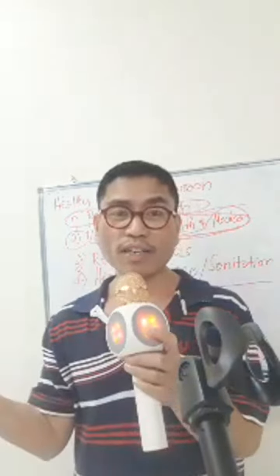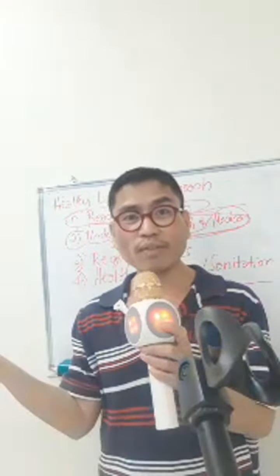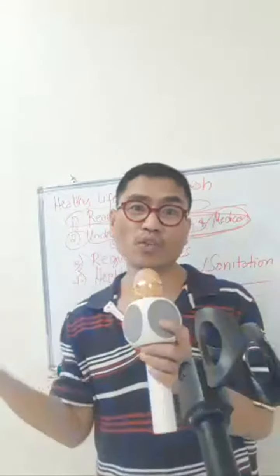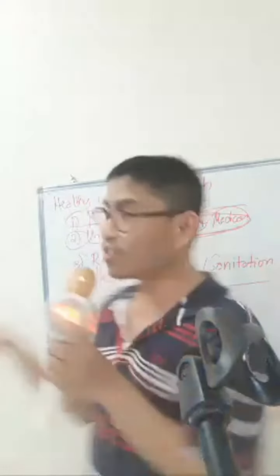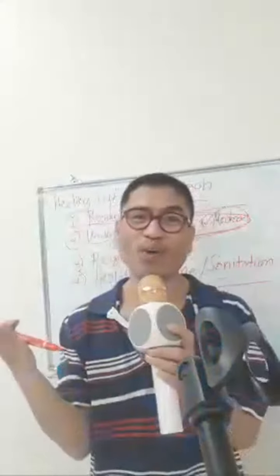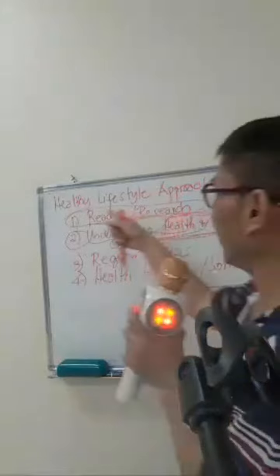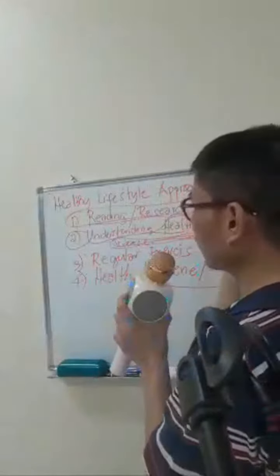If chronic diseases and sickness come, it's because not all professionals research health science topics and the healthy lifestyle approach, how to maintain good health and how to strengthen our immune system. So these are the healthy lifestyle approaches.